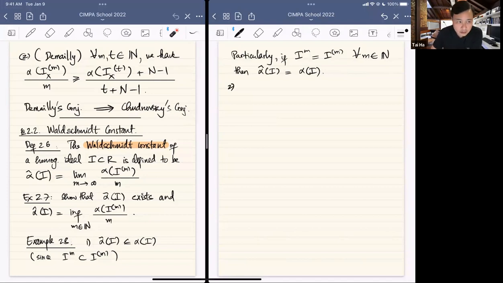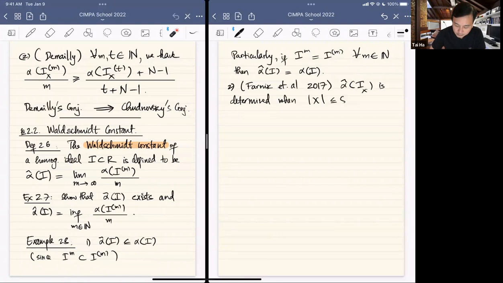Actually, this is a very recent result of many people, Fanik, maybe I'll use et al. And this is a result in 2017, so it's quite recent. And they basically determined alpha hat of the defining ideal I_X of a set of points X when the number of points in X is at most 8.